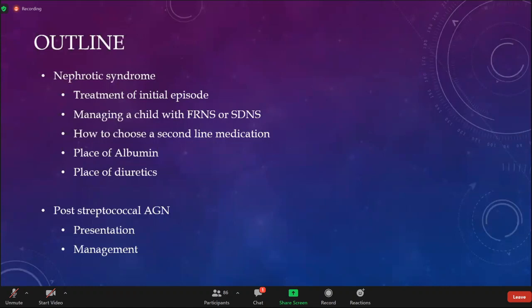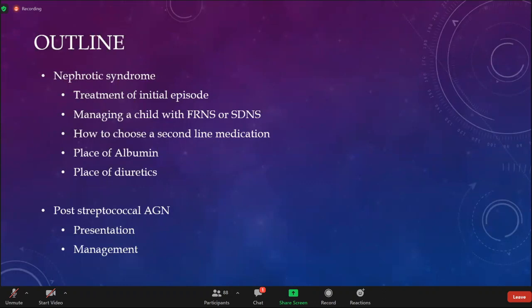Now, if you take post-streptococcal acute glomerular nephritis, the pathophysiology is totally different. Due to the glomerular damage in post-streptococcal acute glomerular nephritis, there is a reduction in the GFR and there is fluid retention. Therefore, there is an intravascular volume overload, which ends up causing hypertension.